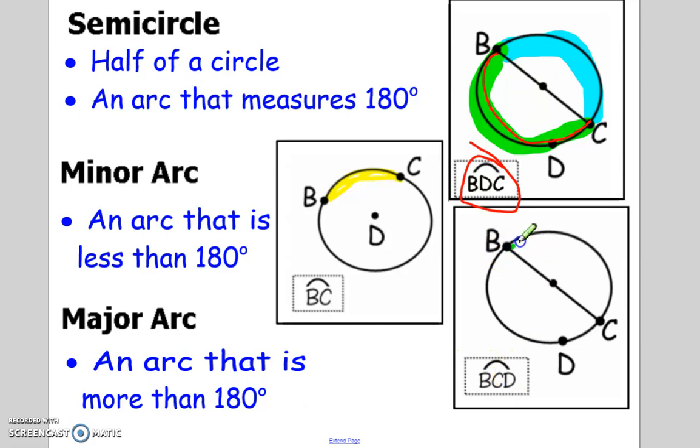So if I start at B and go to C and then go to D, that's more than 180 degrees. I'm at more than half the circle. So that's a major arc. This part here, B to D, would just be a minor arc. So if I just put BD, I'd be talking about this direction. That's why I have to put BCD to talk about that direction.